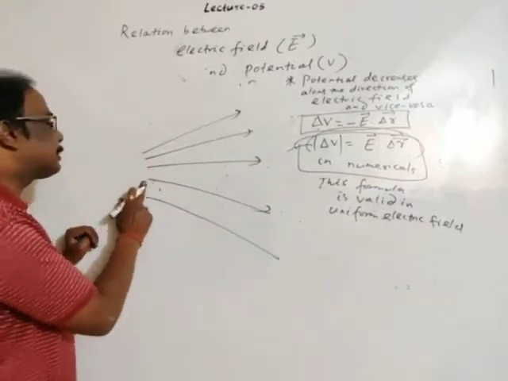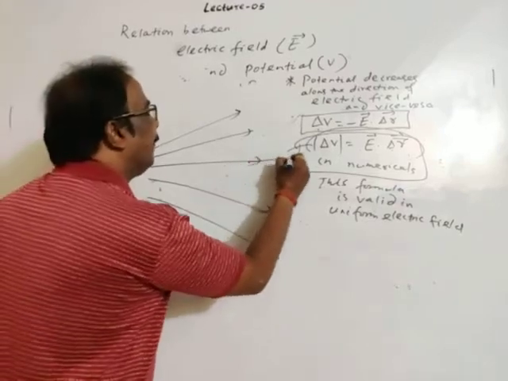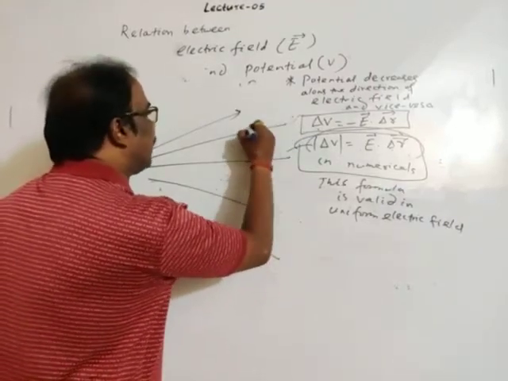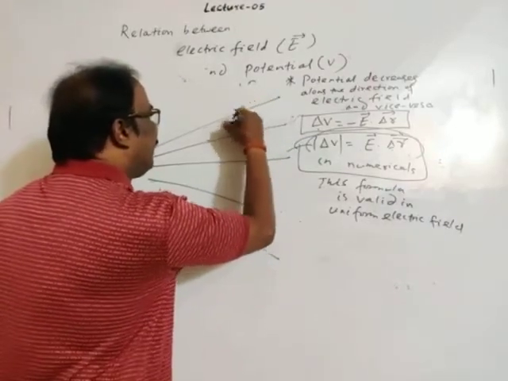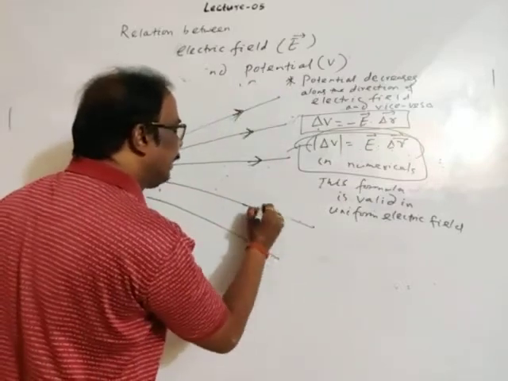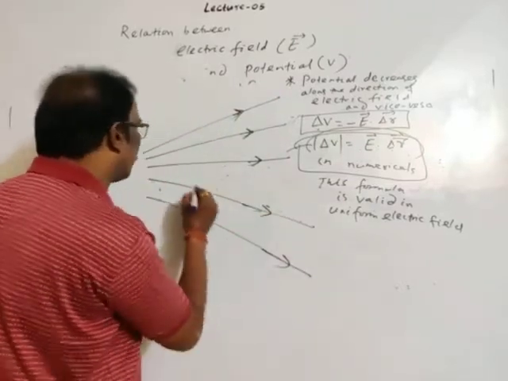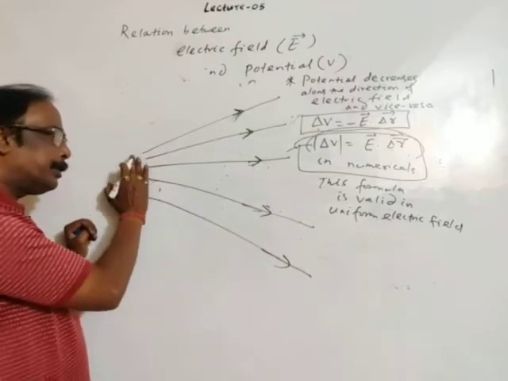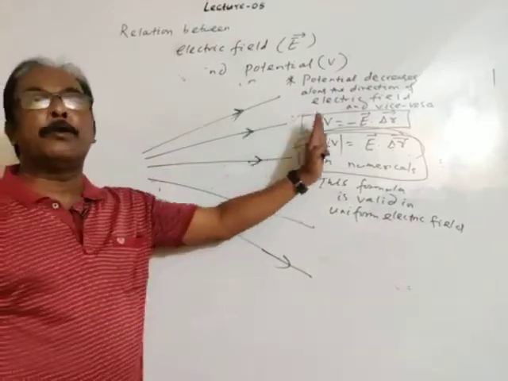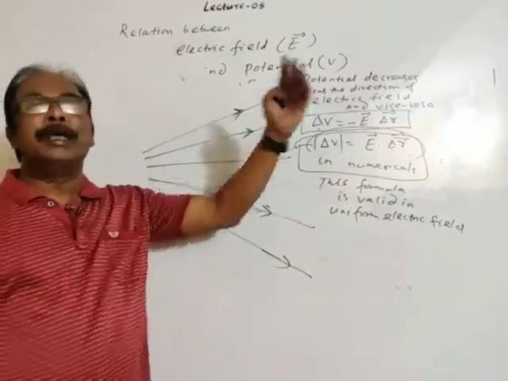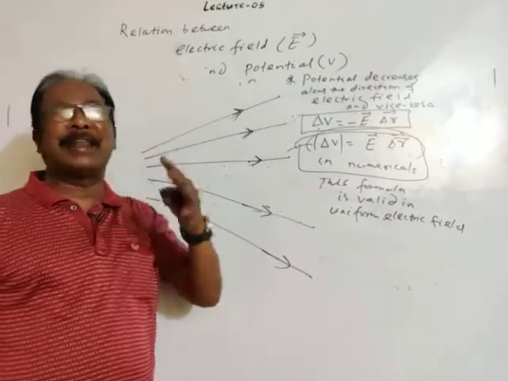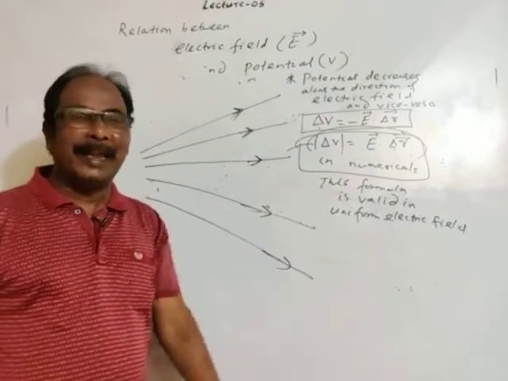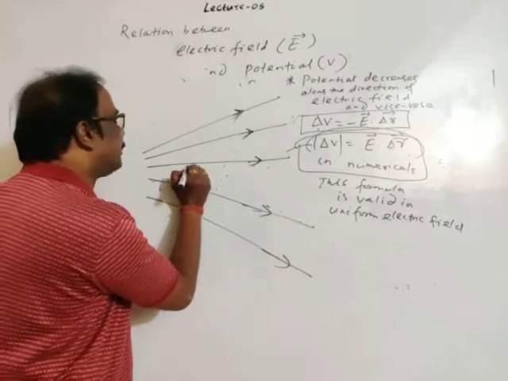As we have discussed, where electric field lines are crowded, the electric field is stronger. So electric field is stronger in this region and becomes weaker and weaker as we move along the direction of electric field. Electric field also decreases along its direction. Let's consider any point.